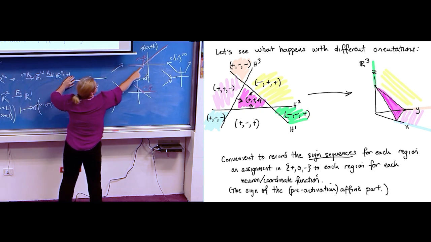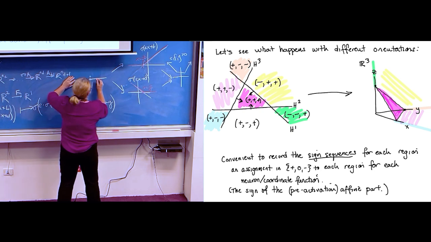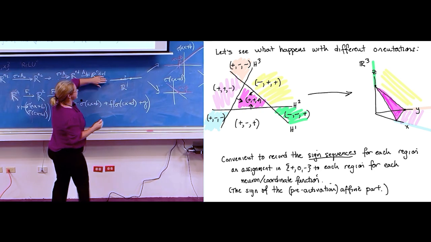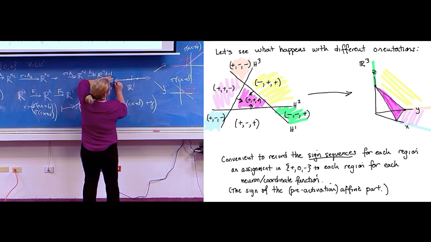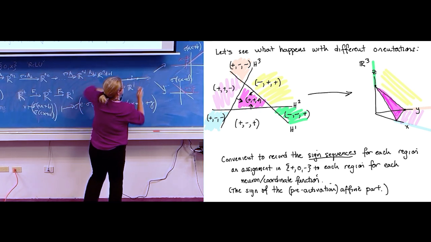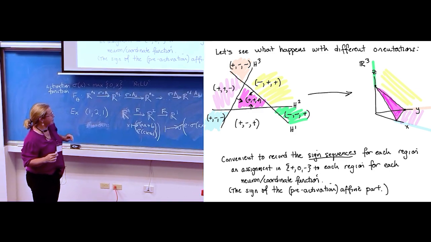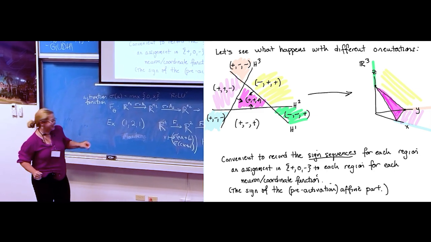Maybe here's 0. So this one is there, and this one is there. Basically, we've taken our original domain and cut it into 3 pieces divided by these hyperplanes. Okay, so that was the warm-up.